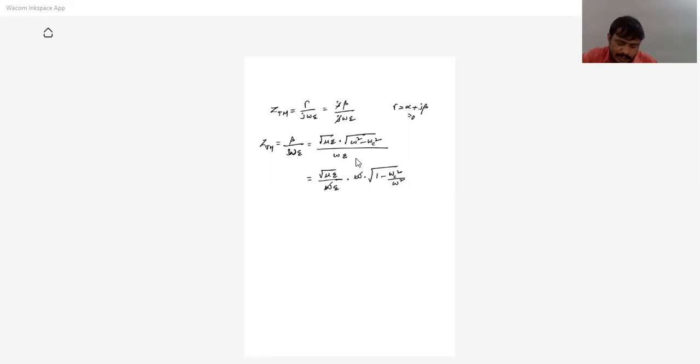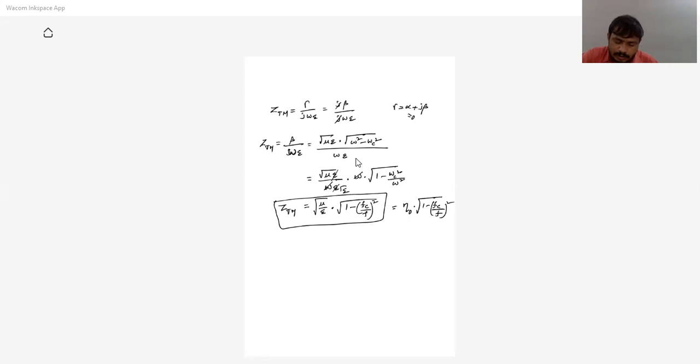This omega gets cancelled. This you can write as root mu by epsilon into root 1 minus fc by f whole square. This is the ZTM. This also you can write as eta naught into root 1 minus fc by f whole square.